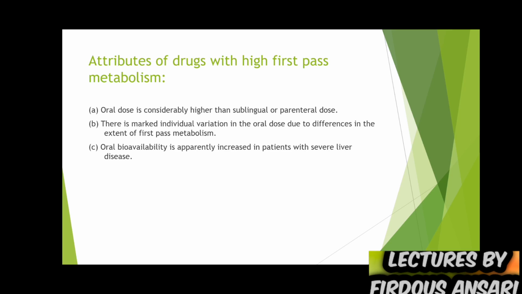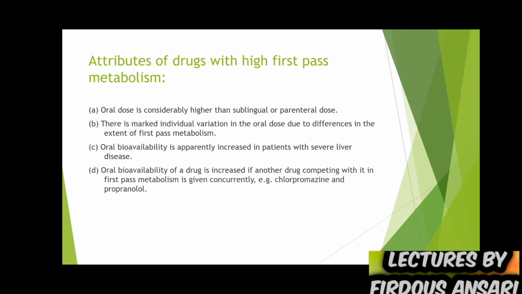So if a person is suffering from some kind of liver disease, then in that case you need not give such a high dose of the drug. That implies oral bioavailability is apparently increased in patients with severe liver disease, so in this case you need to give a lesser dose of the drug.